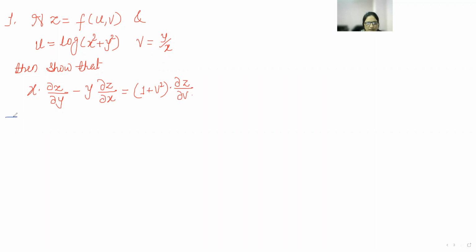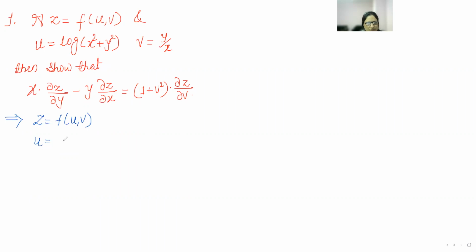What is given and what we have to find out. Just make it clear first. So here z is function in u and v, where u and v are functions in x and y. Therefore, z is composite function in x and y.